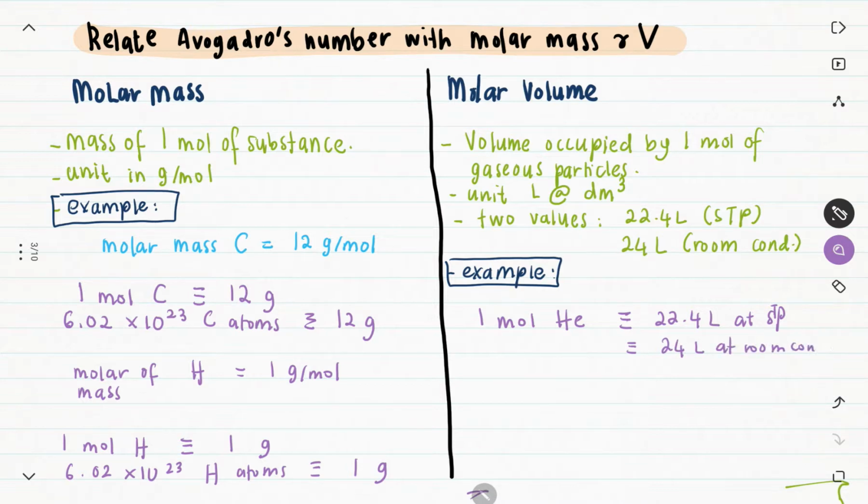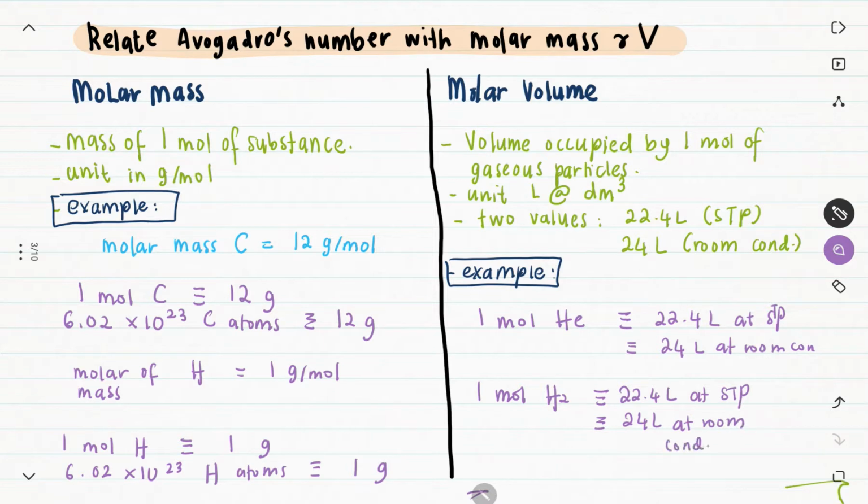Other than that, if you have 1 mole of hydrogen gas, it will give you volume 22.4 liter at STP and 24 liter at room condition.